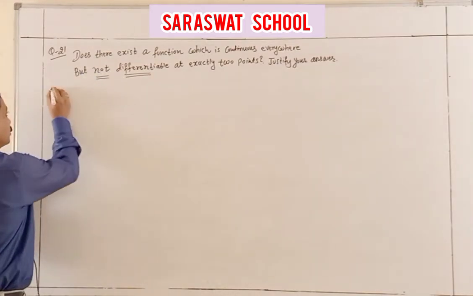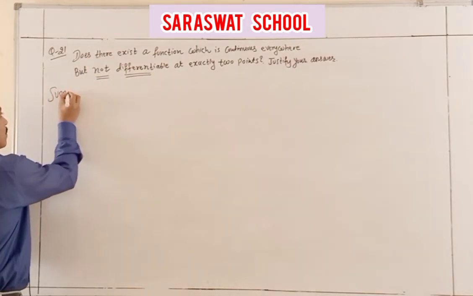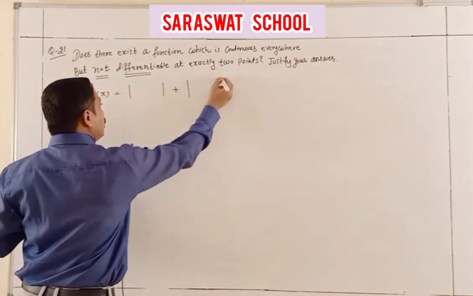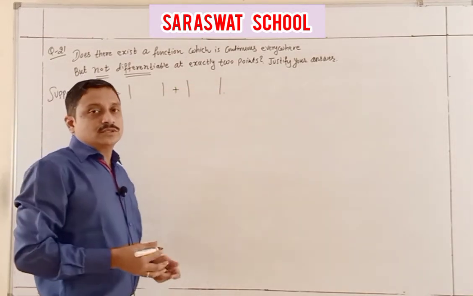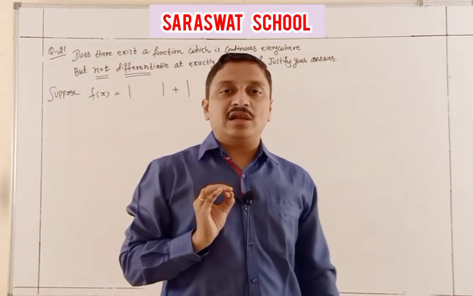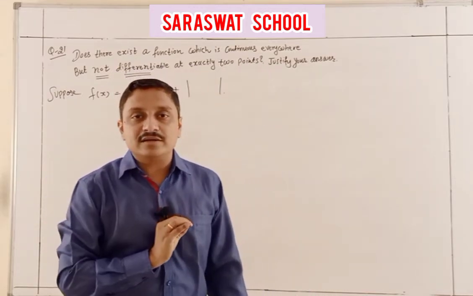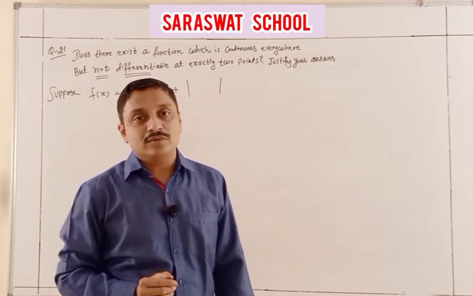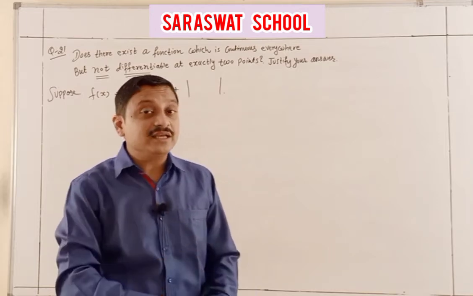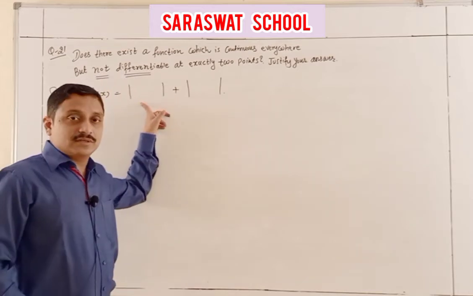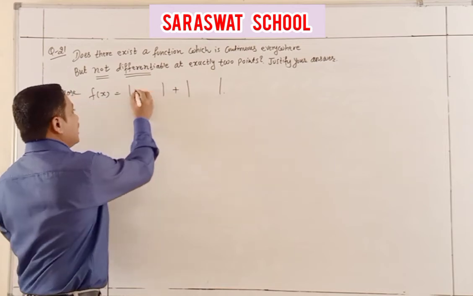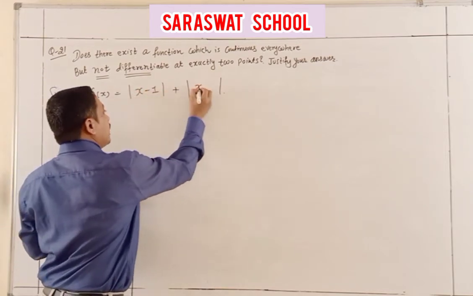So suppose f(x), you take any 2 modulus terms. Students, before starting this numerical, let me be clear about that. Here you can take many examples, but necessarily with modulus. And for any 2 points, here I just write x minus 1, x minus 2.